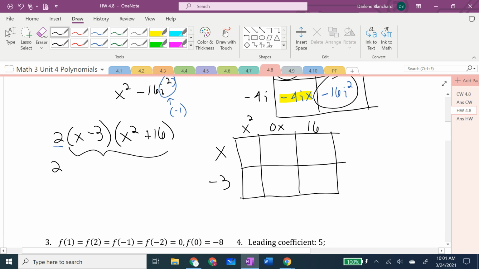I'm going to do it here to emphasize that this allows us to keep that these two are like terms, these two are like terms, and nobody else is going to add together. But ultimately, this column is just flat out 0, so there isn't actually going to be any like terms to add together.